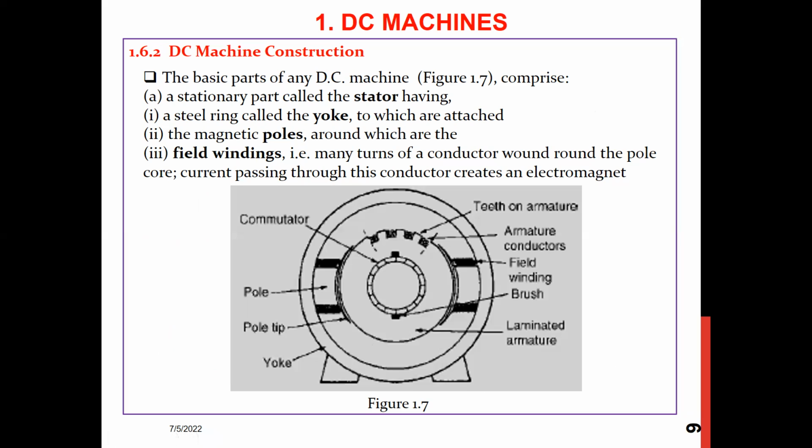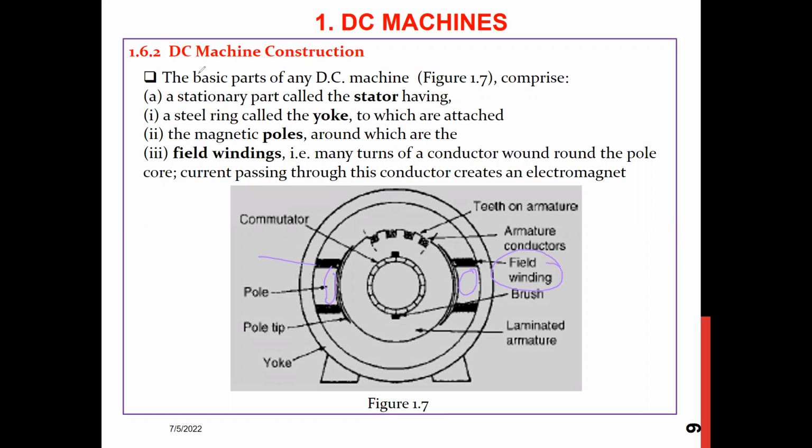And then number 2, we have magnetic poles. In the magnetic poles, we have field windings. You can see this is a pole, and here we have a pole. We can see field windings.